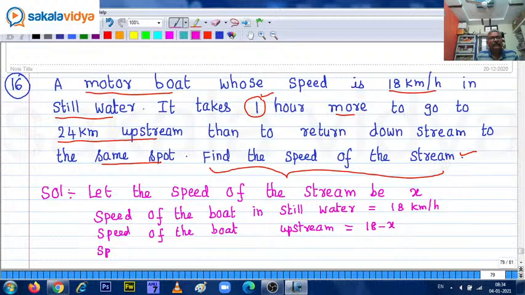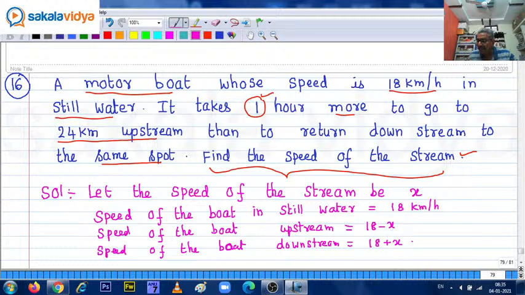Speed of the boat downstream, that means 18 plus x. 18 plus x. Thank you Anush Prasad.